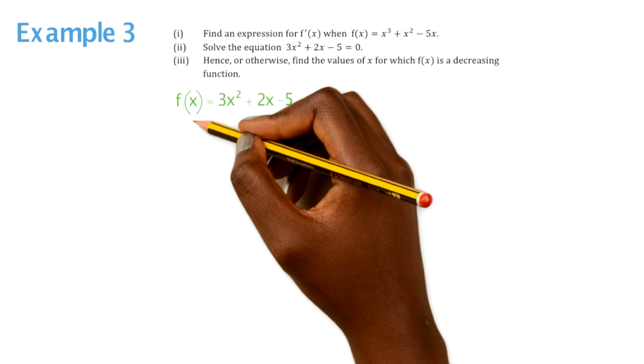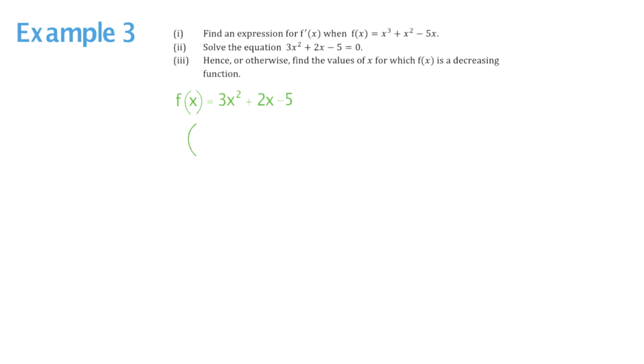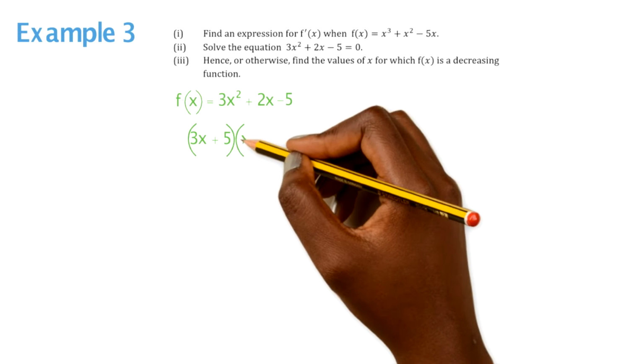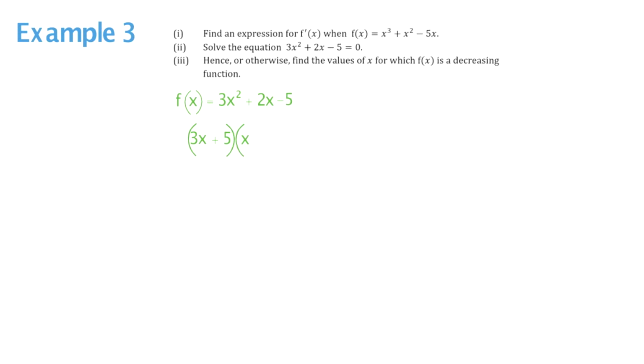And then it says now solve the equation. So solving it, we can put it into brackets. So we're factorizing the quadratic. This would leave us with, in one bracket, 3x plus 5, and in the other bracket, we would end up with x minus 1, being equal to 0.